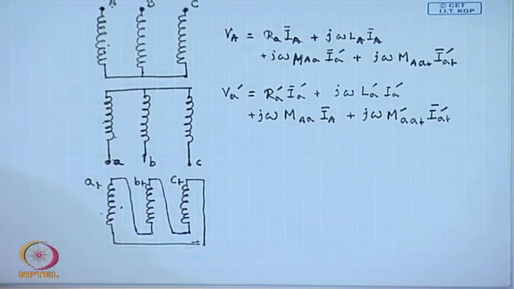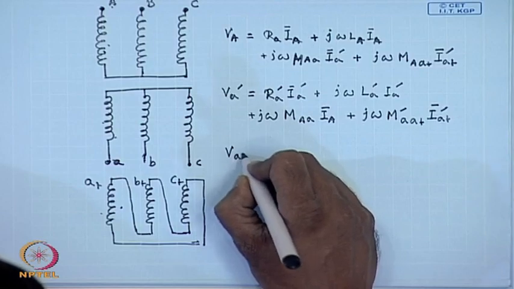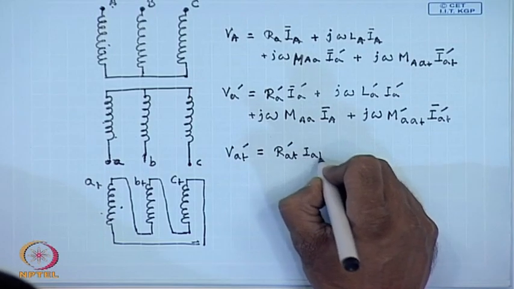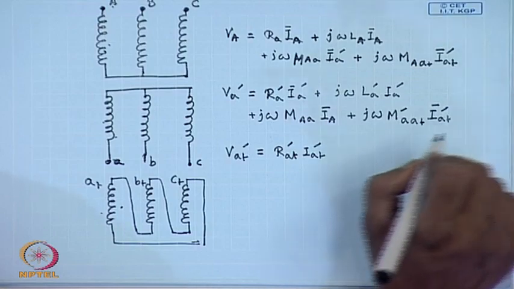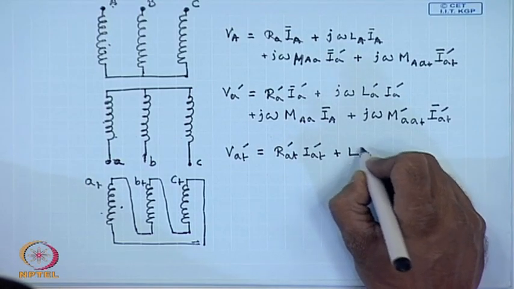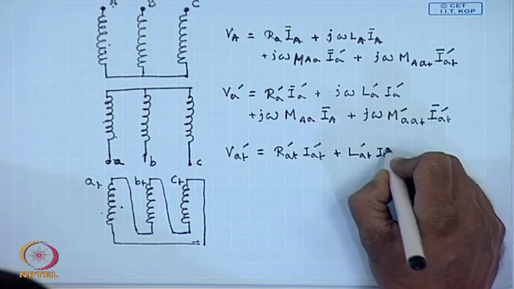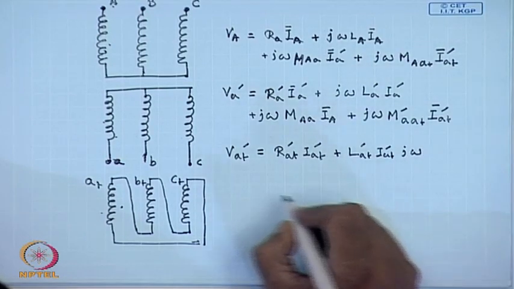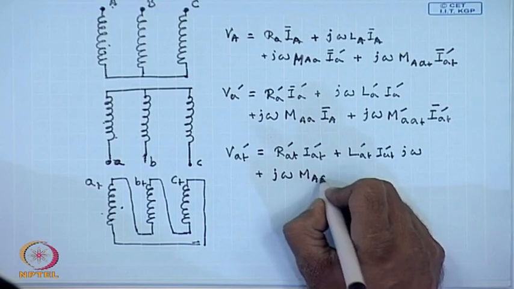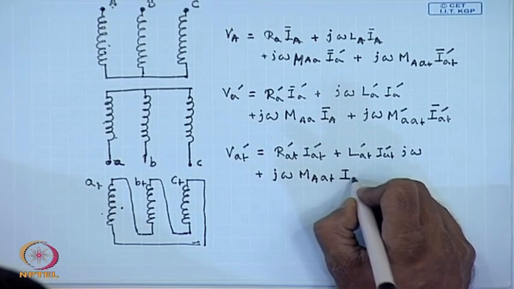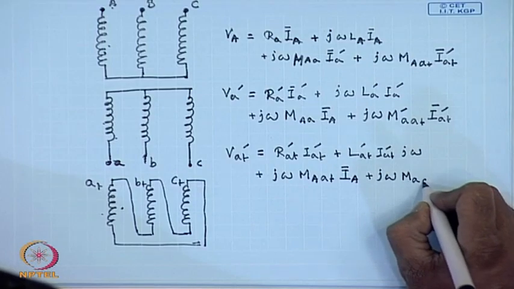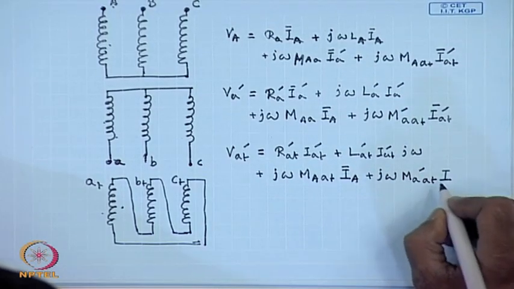And for the tertiary winding, we can write V A T dash equal to R A T dash I A T dash plus j omega L A T dash I A T dash plus j omega M A T I A plus j omega M A T dash I A dash.